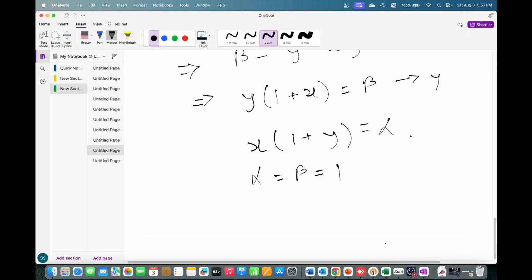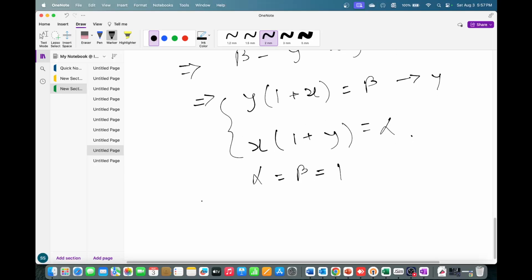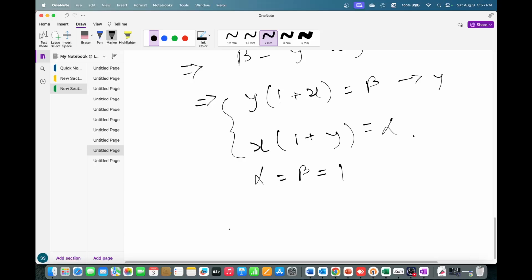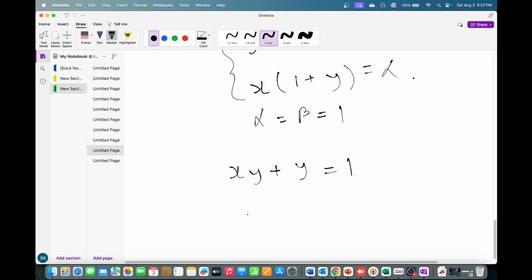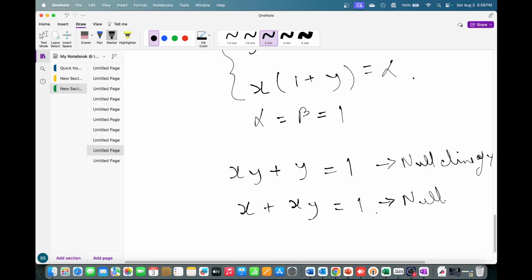Now these two equations become xy plus y equal to 1, and x plus xy equal to 1. So this is the null line of y, this is the null line of x.